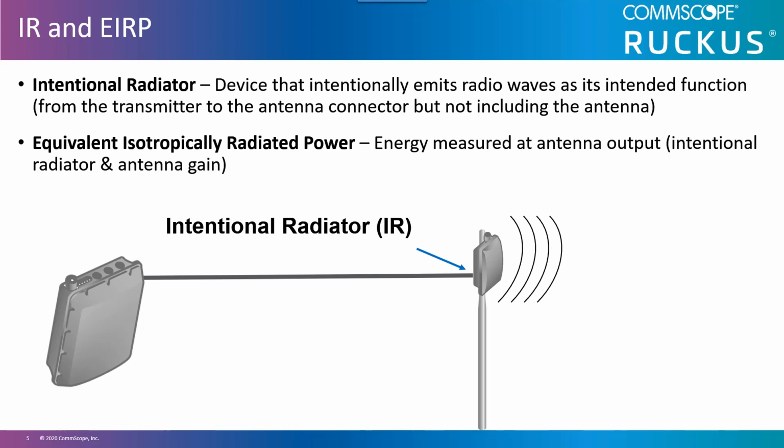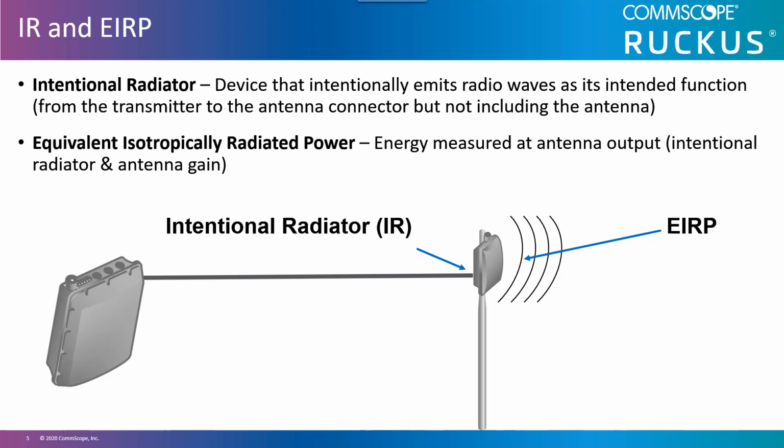The combination of these things is the signal that you are intentionally trying to send. Regulatory bodies have set legal power limits measured at this point, the intentional radiator, sometimes called the intentionally radiated power in regulations. The second term with which you need to be familiar is the equivalent isotropically radiated power, EIRP.